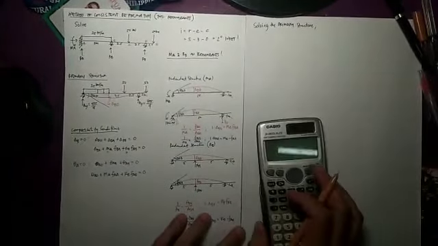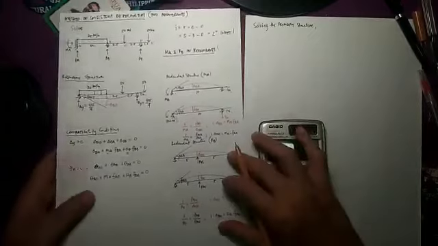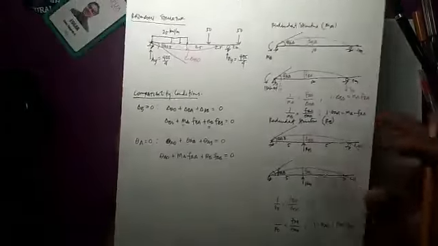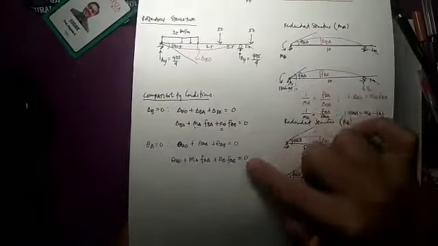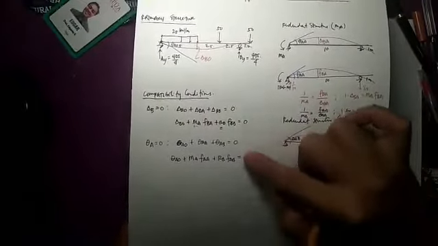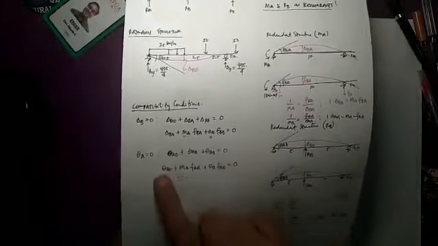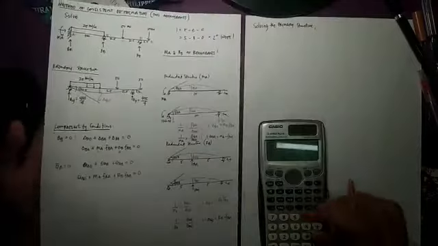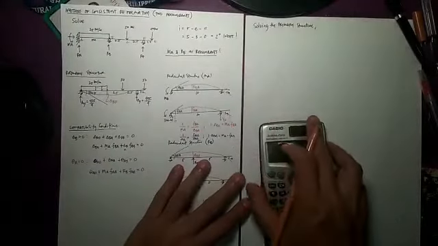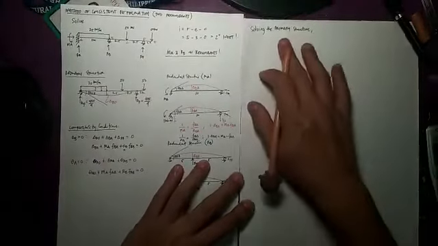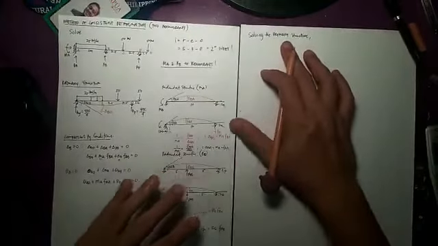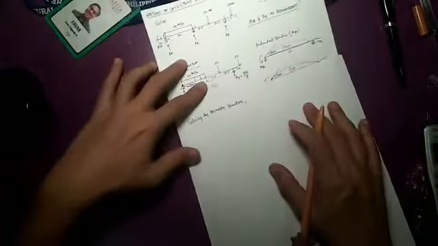These are the equations involved, the compatibility conditions. We have two equations with two unknowns, MA and RB. We will solve for the deltas and the thetas this time. First, considering the primary structure. So we have this primary structure here.